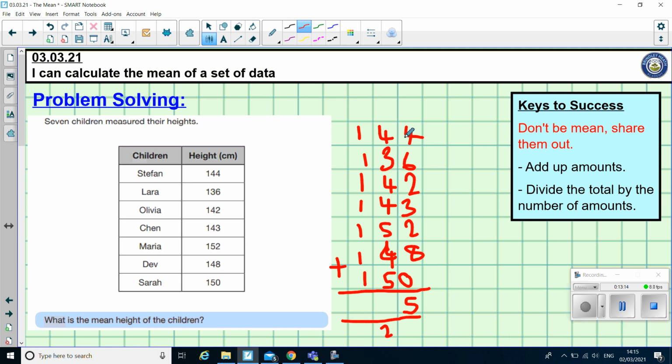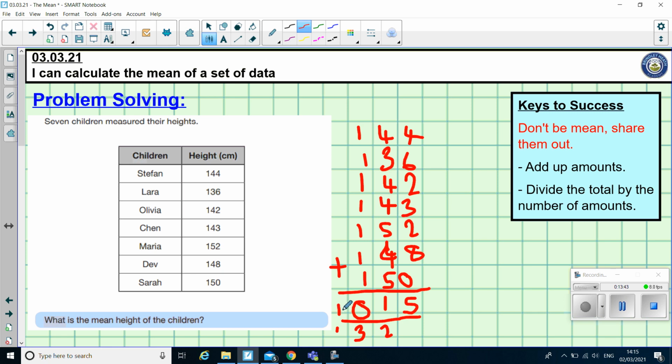Then I want to add up my tens column. 4 add 3 is 7, add 4 is 11, add another 4 is 15, add another 5 is 20, add another 4 is 24, add another 5 is 29, add another 2 gives me 31. Carry my 3. Right, my hundreds column. I've got 1, 2, 3, 4, 5, 6, 7 ones, add my 3, gives me 10.